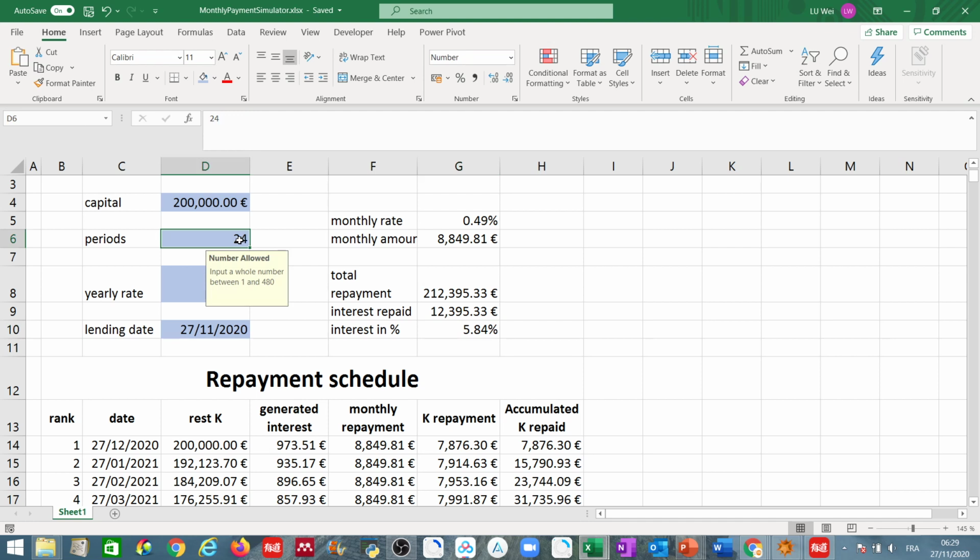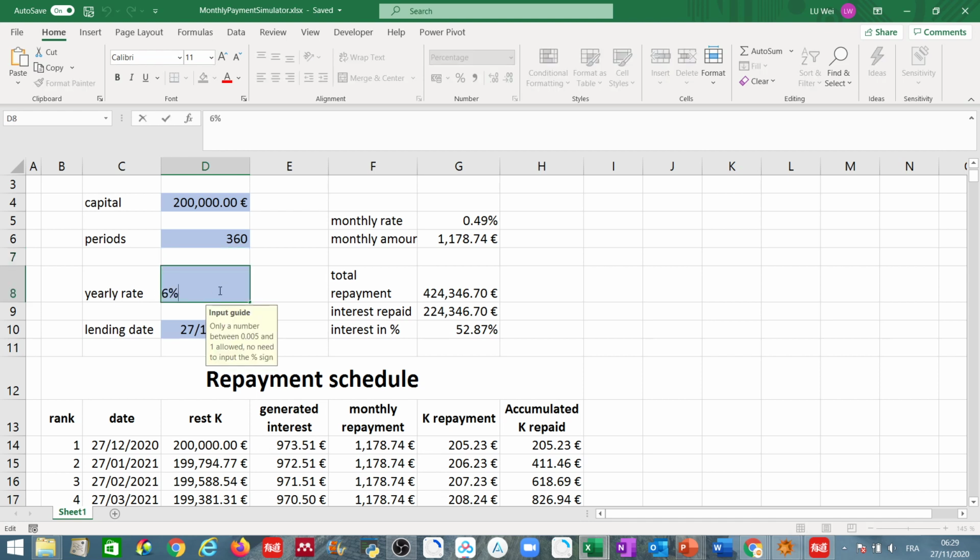For example, we want to repay it in 30 years, like this. In 30 years, 360 months, each month we have to repay 1,178 euro. Of course, it's on condition of a yearly rate of 6%.